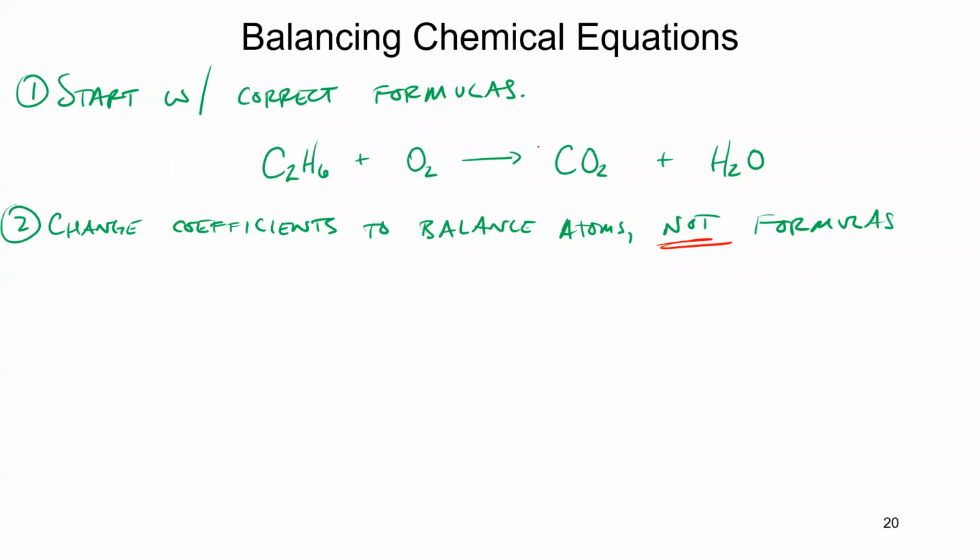We need the 2 in front of the carbon dioxide. I've got 6 moles of hydrogen on the left in my ethane. I've only got 2 moles of hydrogen on the right in the water. So what do I need in front of the water? A 3.